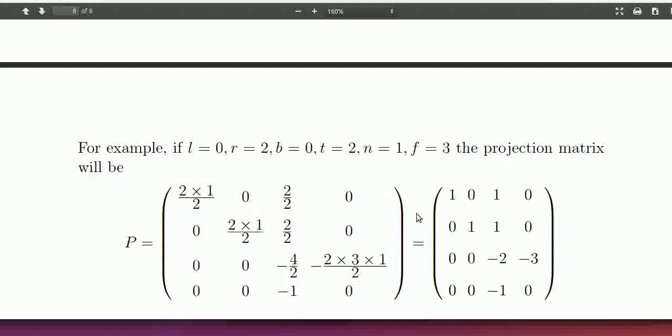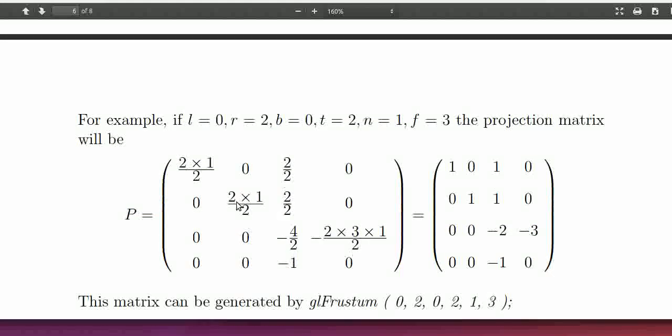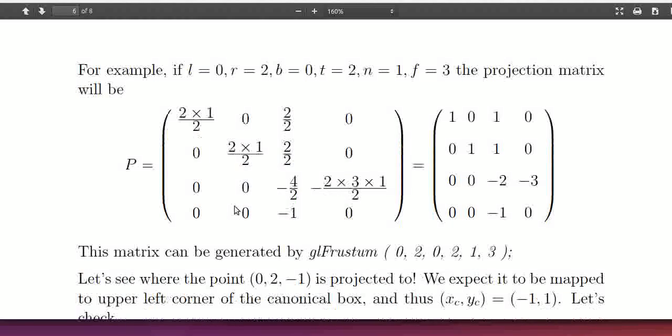So we get 1, 0, 1, 0, 0, 1, 1, 0, 0, 0, negative 2, negative 3, and 0, 0, negative 1, 0. Now this matrix can be generated by this OpenGL command, glFrustum, 0 for left, 2 for right, 0 for bottom, 2 for T, N is 1, F is 3.